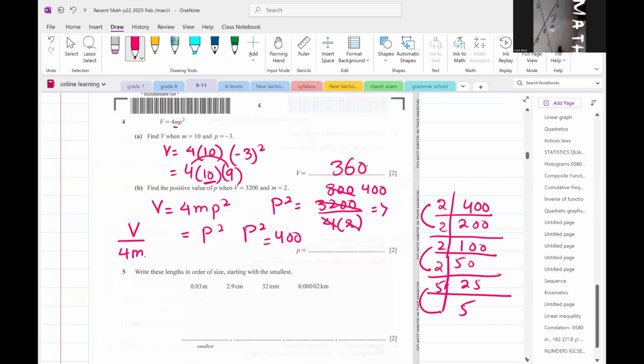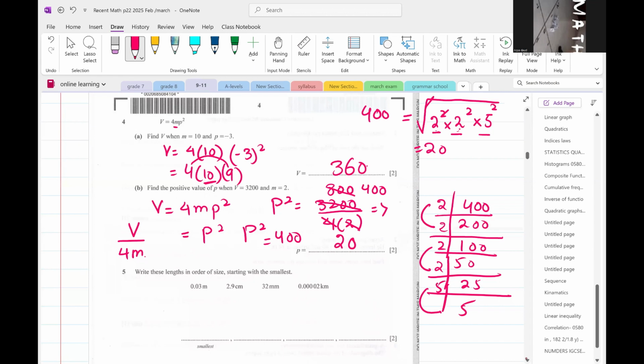Since we are finding the square root, I'm writing all these in powers of 2. 400 factors are 2 squared times 2 squared times 5 squared. So the square and square root get cancelled out, and we'll simply multiply these three numbers: 5 times 2 is 10, and 10 times 2 is 20. So our answer would be 20.